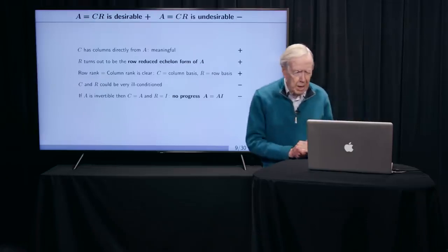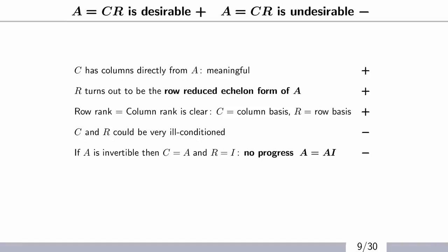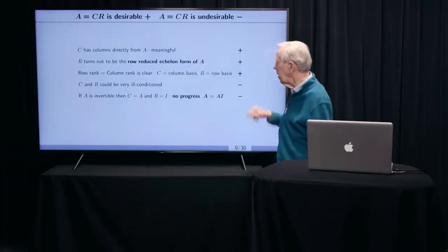Okay, and finally, a last thought about these. So this is C times R. I'm urging teachers to present that part early. So what are the good things I've marked with a plus?